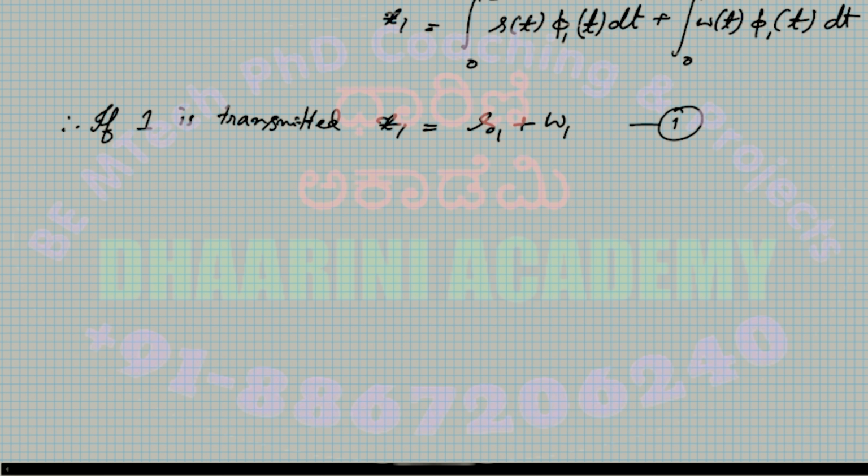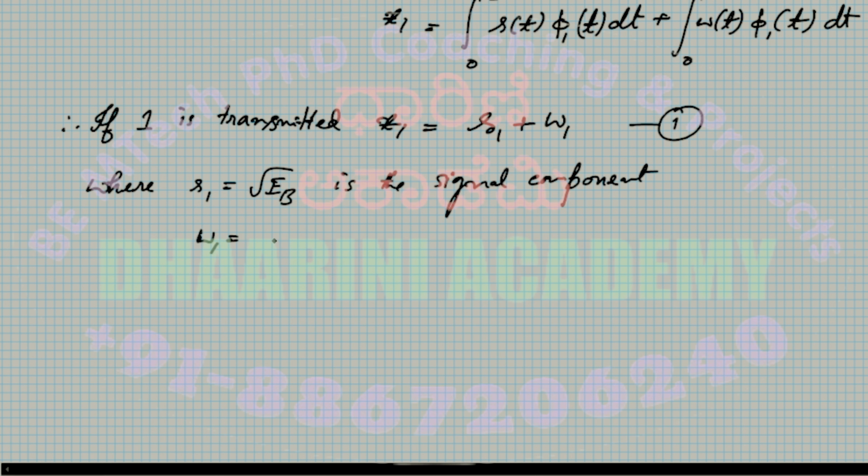When I say I'm sending s1, that is represented as a signal component, where s1 equal to root of Eb is the signal component, and w1 is the noise component.